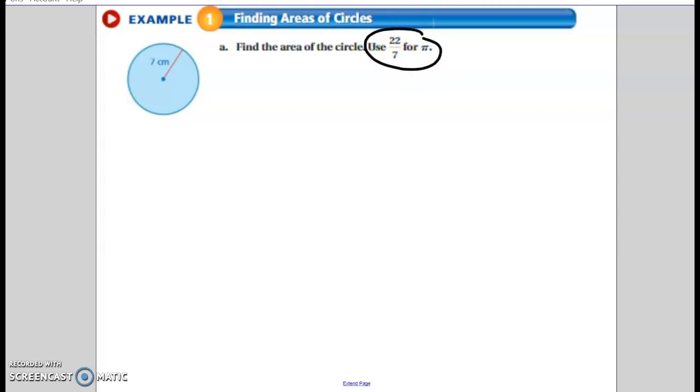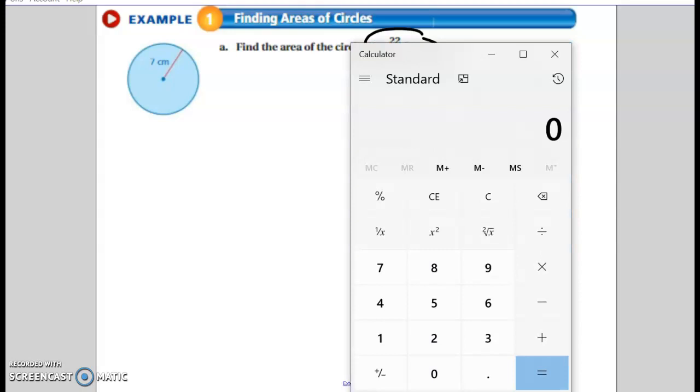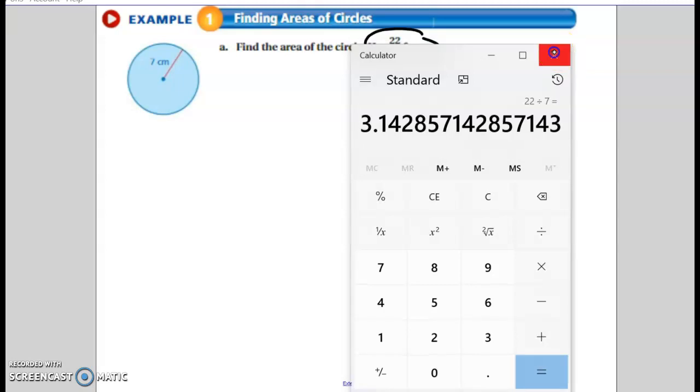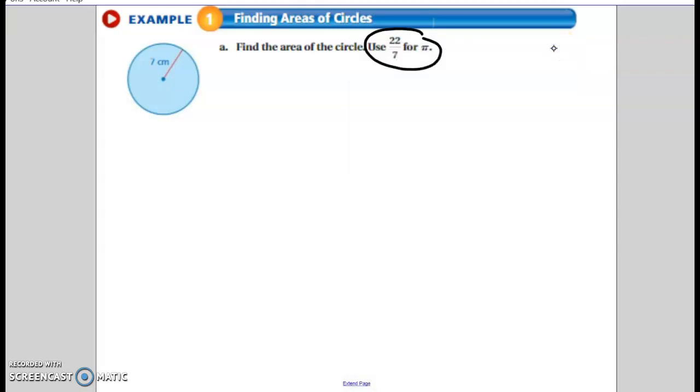If you were to do 22 divided by 7 on your calculator, you'll see that it's really close to 3.14. See that? So sometimes they'll say use 22 over 7 instead of 3.14. And the reason they do that is because sometimes you're going to be given a dimension that is a multiple of 7, which makes it a little bit easier to work with, depending on your feeling about fractions.